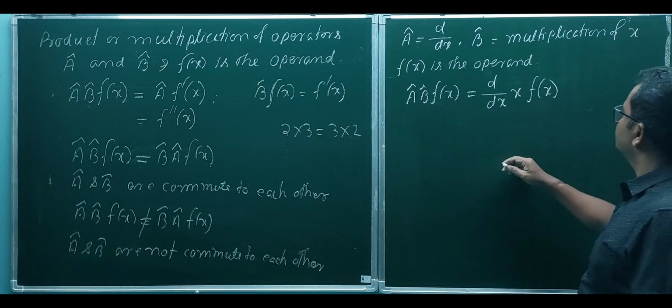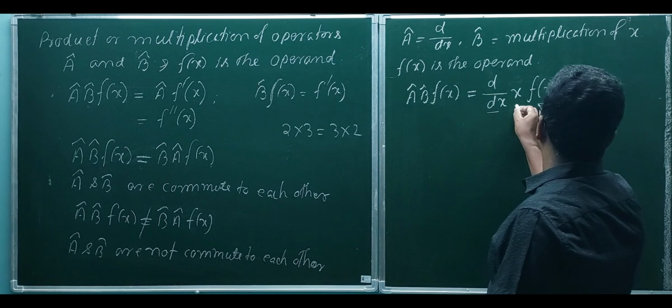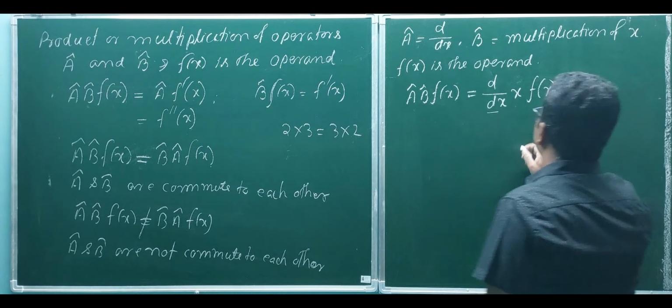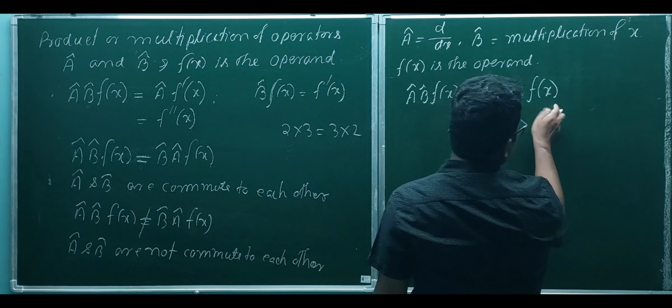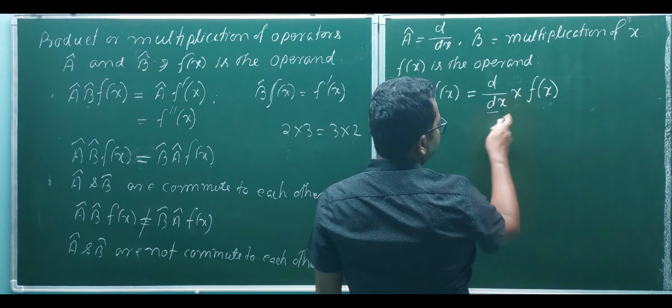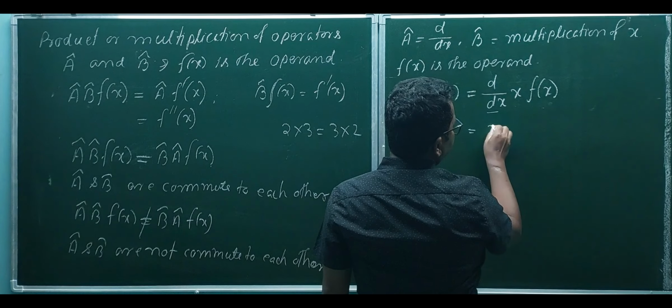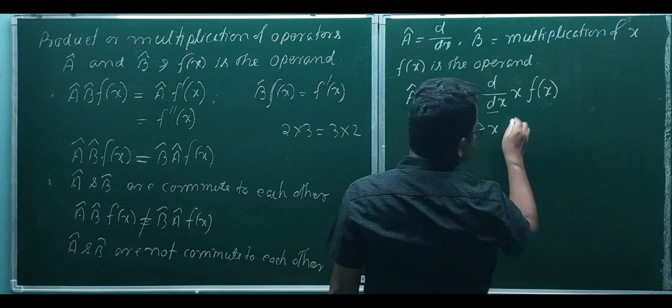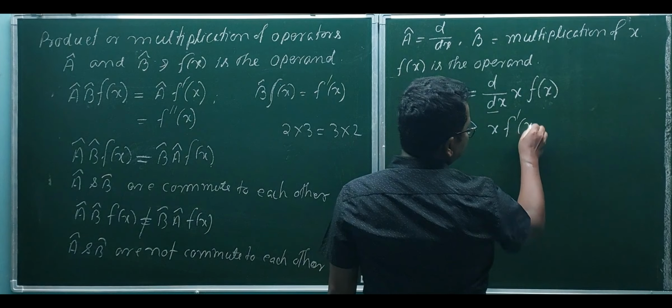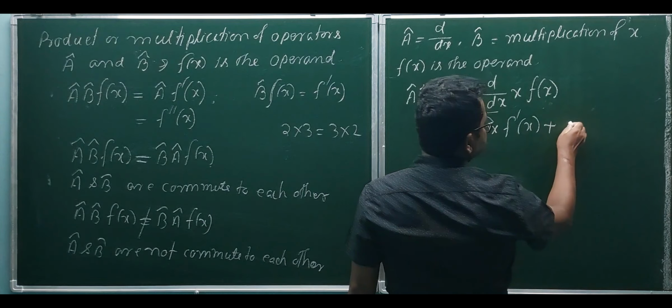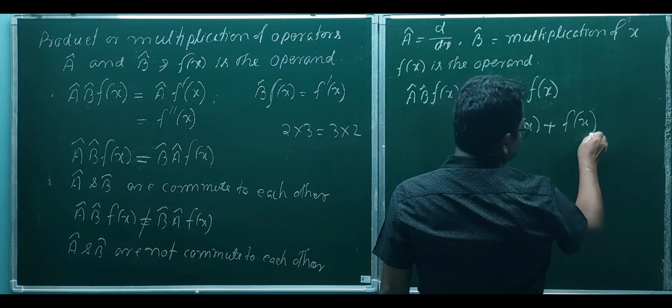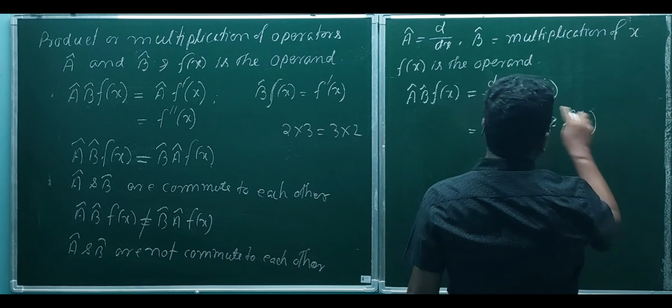Now what is the result of this? d/dx of x into f(x). So first we have to apply the product rule: first into d/dx of second, that is f dash x, plus second into d/dx of first, and d/dx of x equals 1.